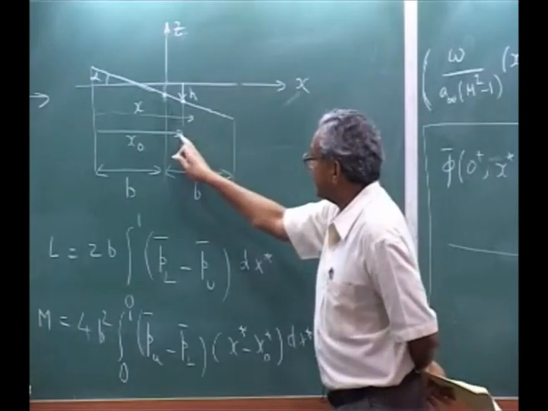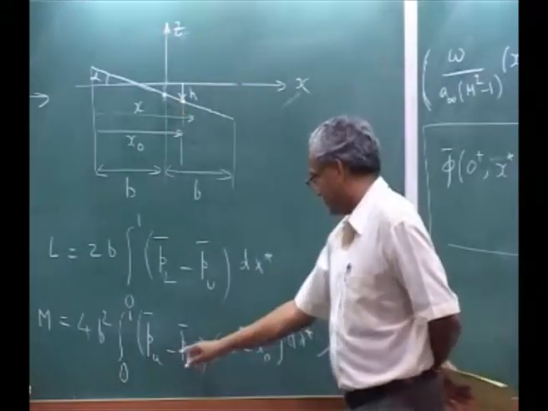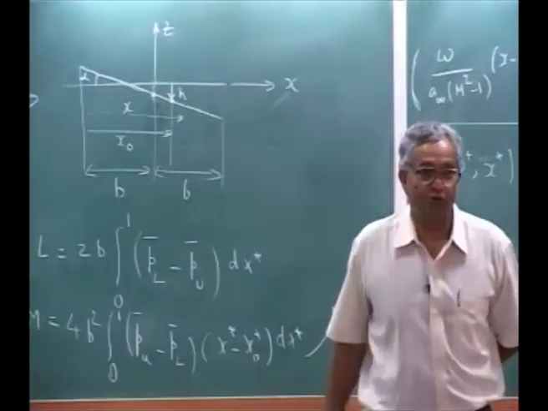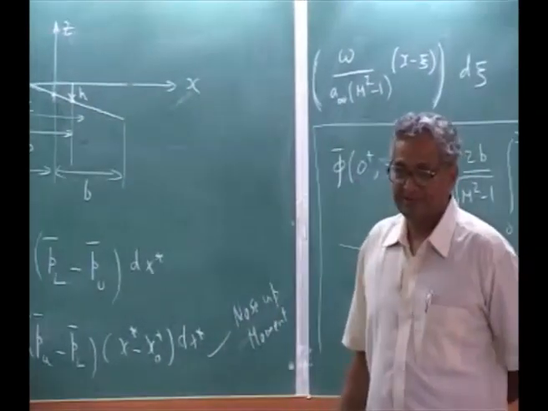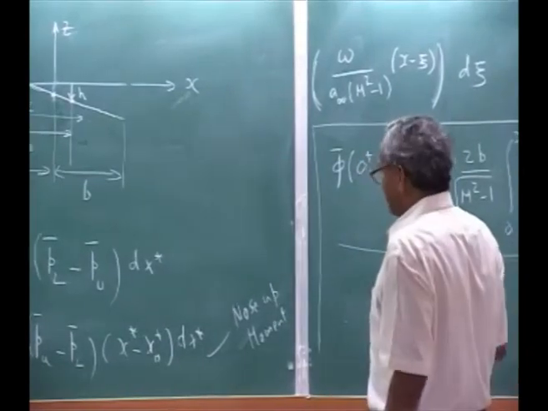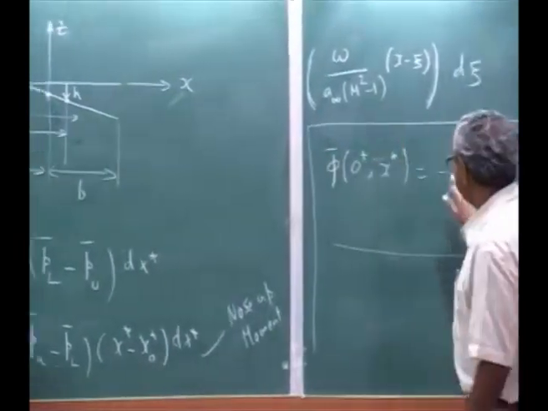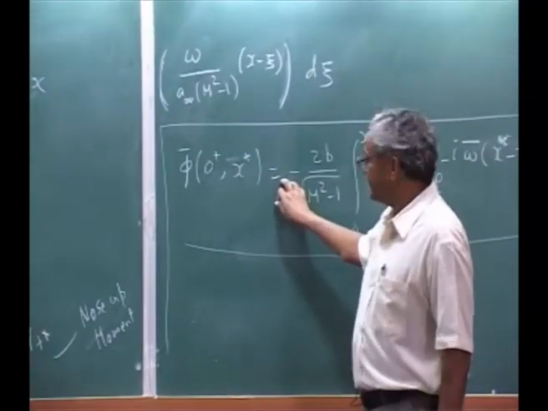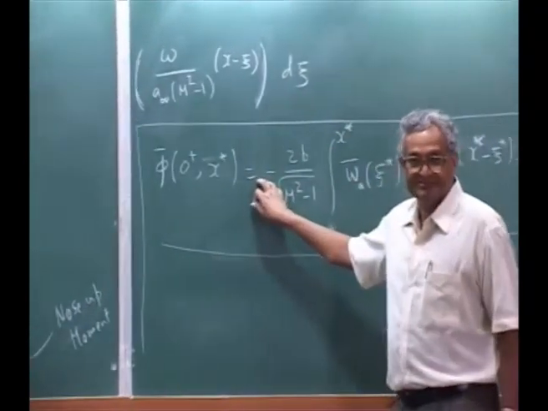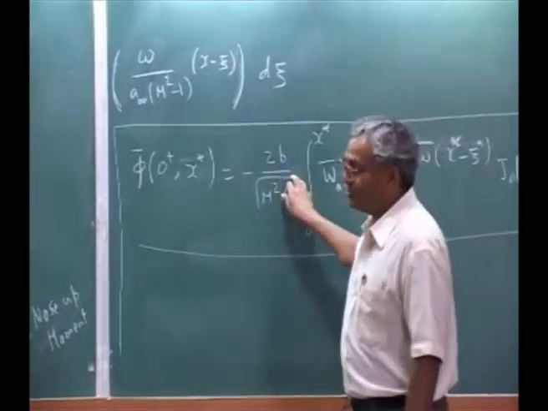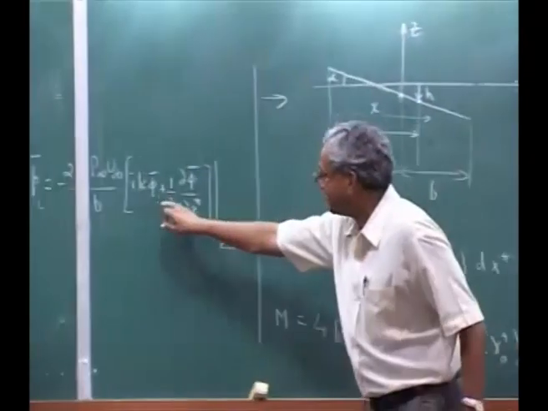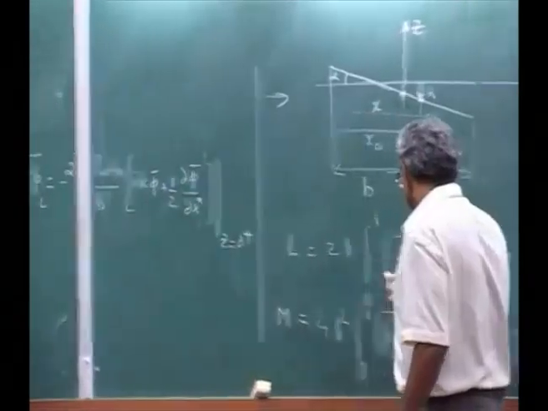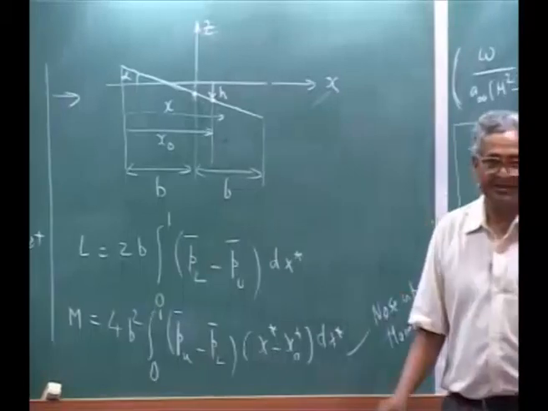That into x minus x naught is this. That is what I am saying. And that moment is in the nose up direction. Now you find out, see, this expression you have to obtain. First phi, then this phi you have to substitute here. And then get your lift and moment.